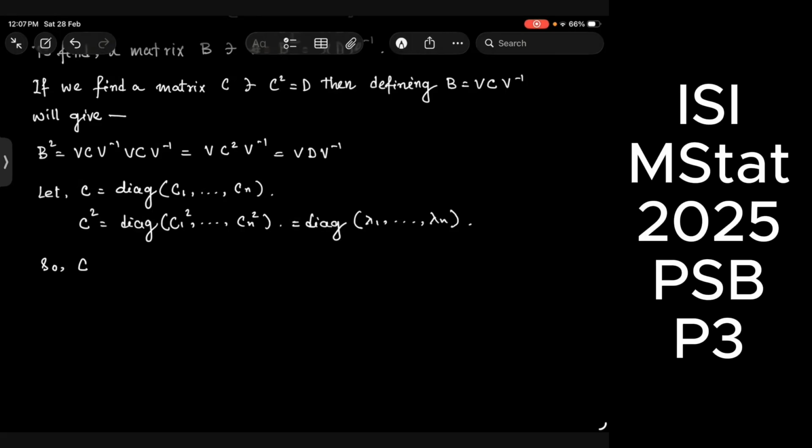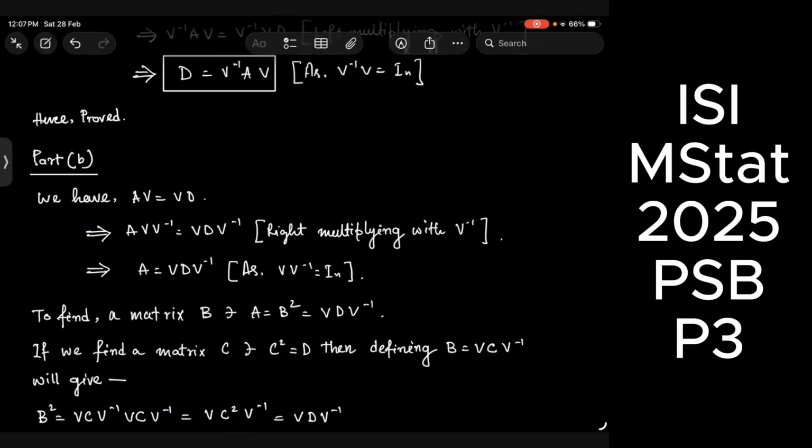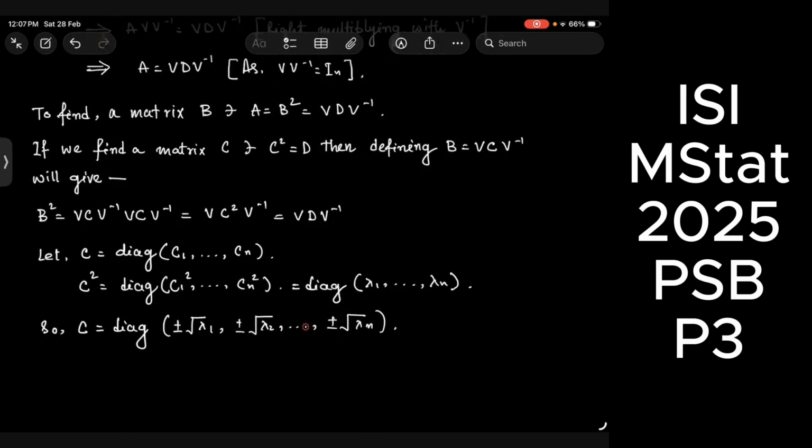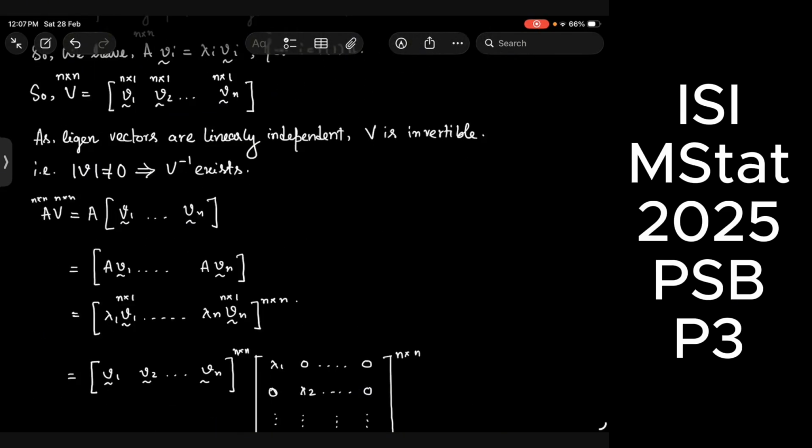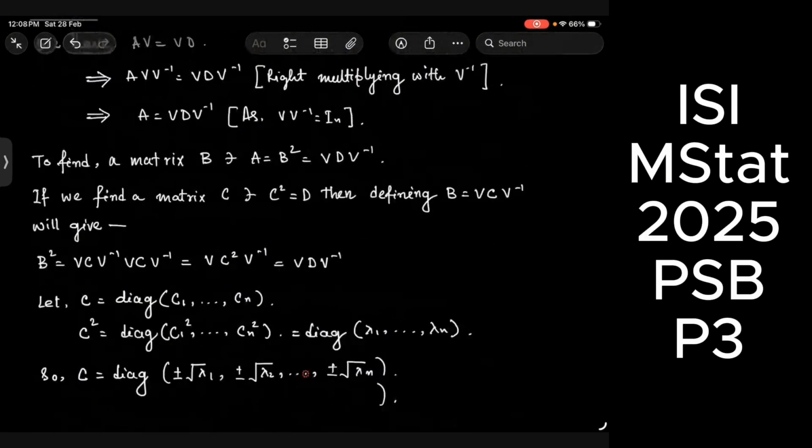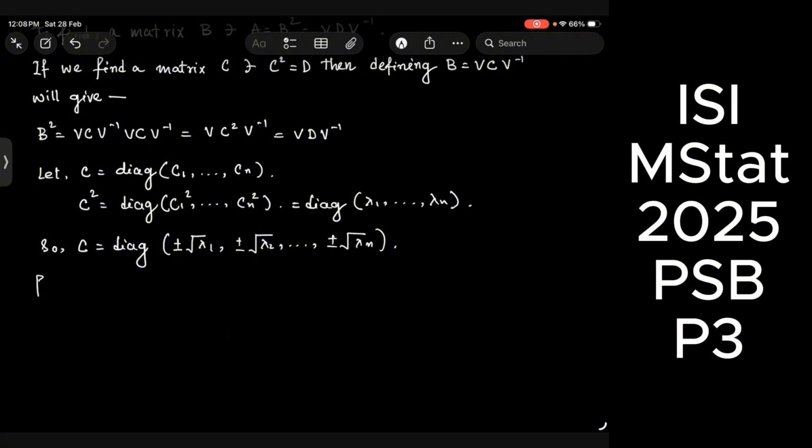So C will be diagonal, correct. So for each diagonal entry, we have two choices in C.